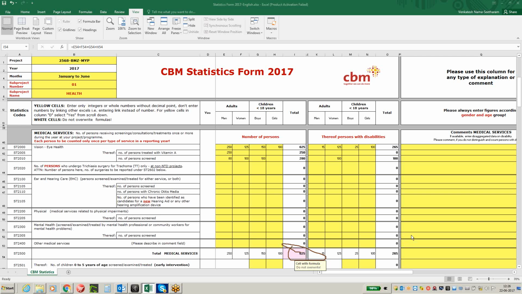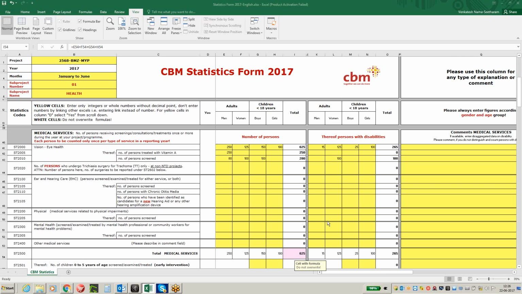Yeah. But the thing is, we still need to have, also from history, the number of persons reached in CBM's core activities. That's the figure coming out and being reported. And we are aware that this is not so easy for projects to count. So we have tried to simplify.